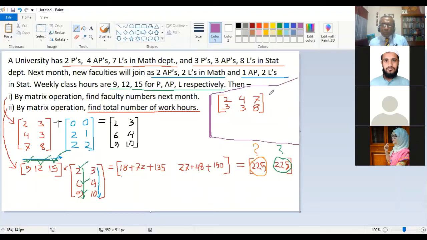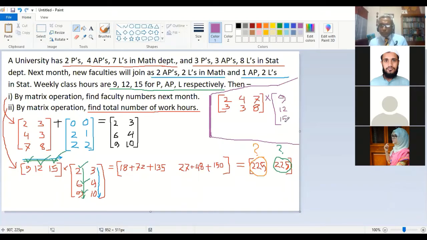The answer given by Faiza is that the quantity matrix will be on the left side, and you will have the 9, 12, 15 matrix on the right side, and that will be vertical. So it will be a column matrix, and then you can do the calculation, that is multiplication.